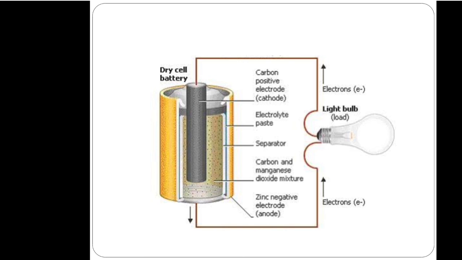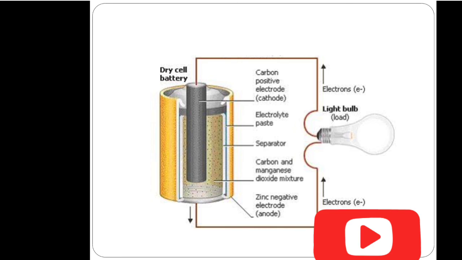In that way, these dry cells help in flashlights, radios and clocks. This cell is portable and compact, and it is capable of producing a potential difference of 1.5 volts.